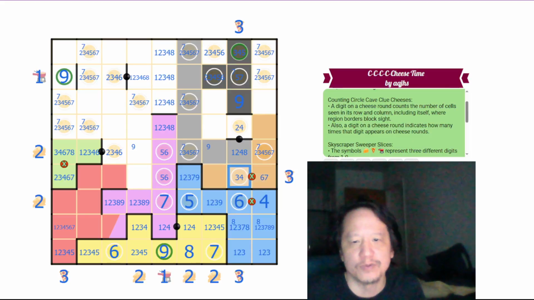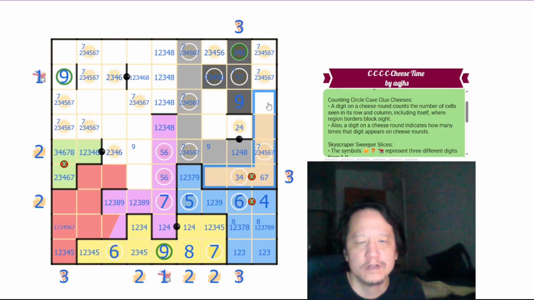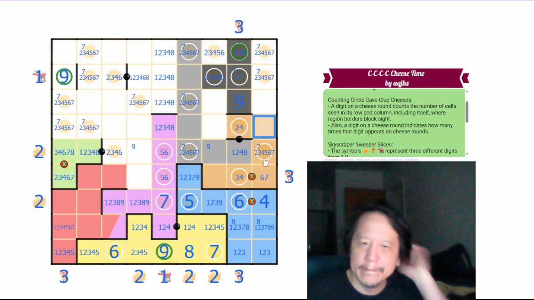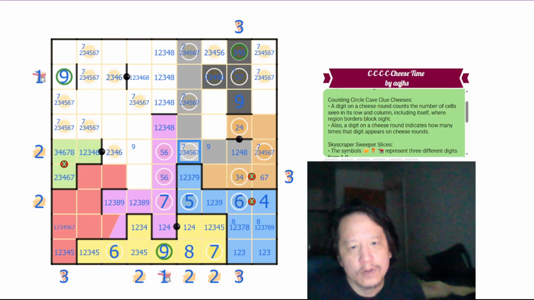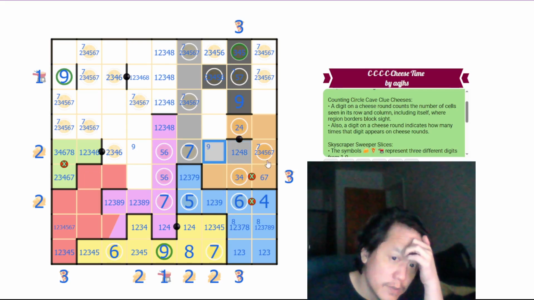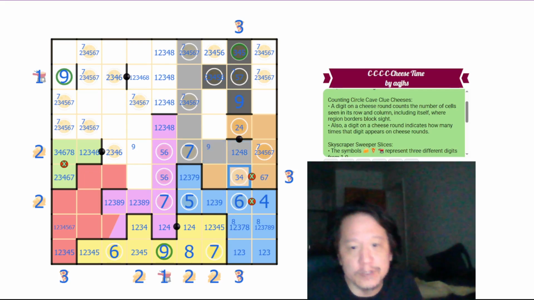This would see 3. 1, 2, 3, 4, 5, 6, 7, 8, at least 9. So this would be orange. So again, this would have to be 7. That's what I'm trying to make. This sees only 3 cells, so this would be 3. This would be 3 and 7.